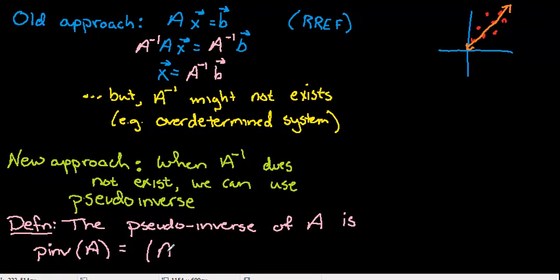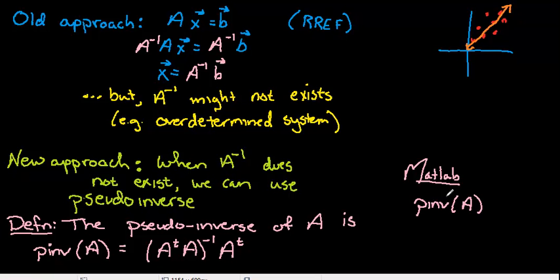It is the inverse of A transpose A times A transpose. And again, the MATLAB command for this, which we will see in a future video, is pinv of A. And in general, you don't want to get involved in computing these things by hand. It would take a long time. You should use technology to your advantage here.